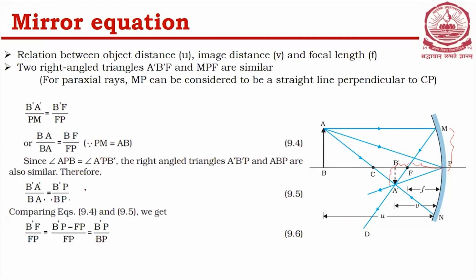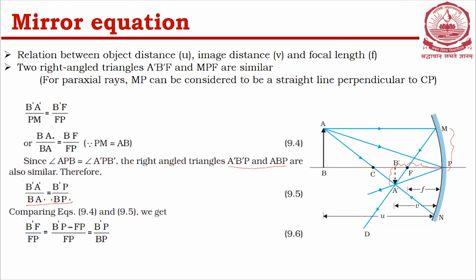Therefore, B dash A dash divided by BA should be equal to B dash P divided by BP. This is another relation from the right angle triangles.